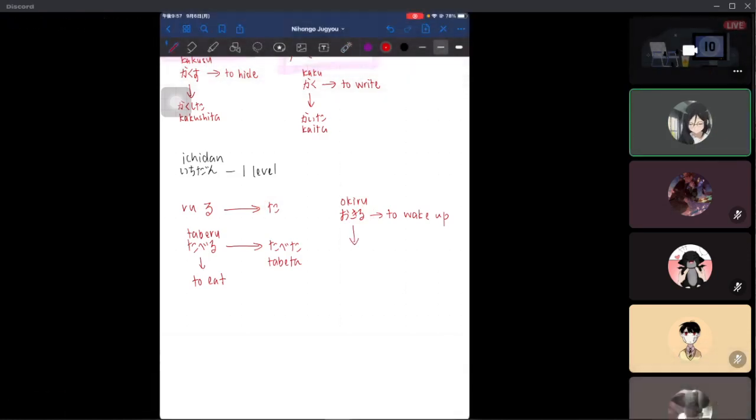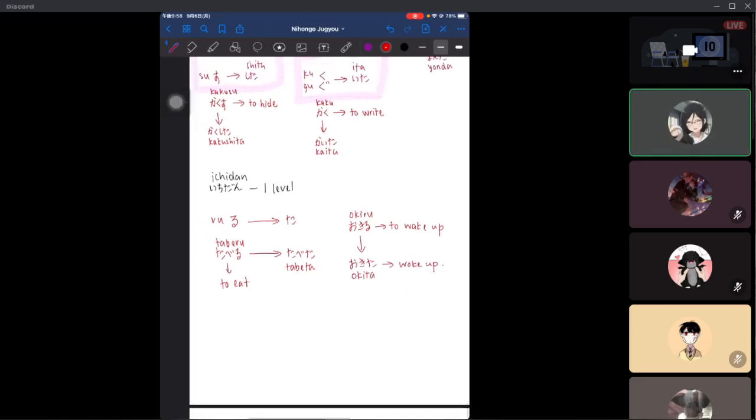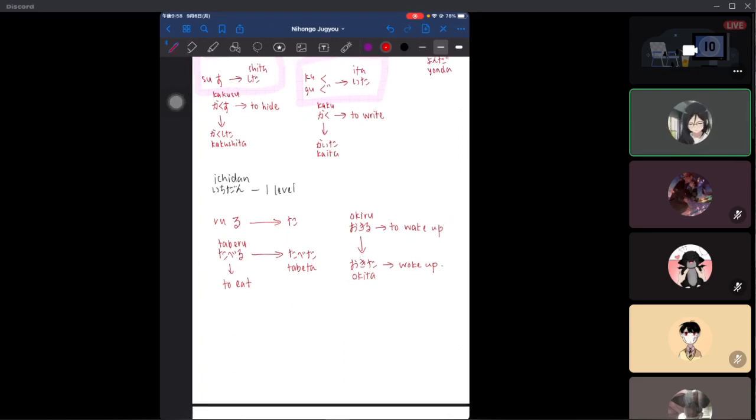So it will become okita, which means woke up. This is in past tense. So for the ichidan group, it's quite easy because you just have to memorize this one.